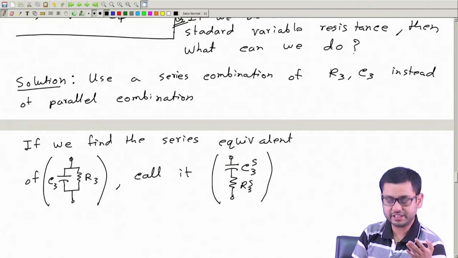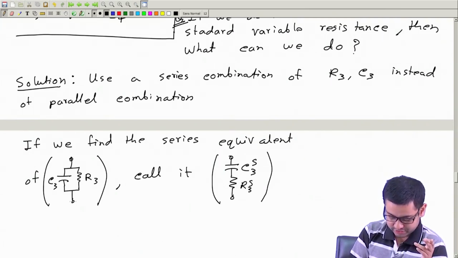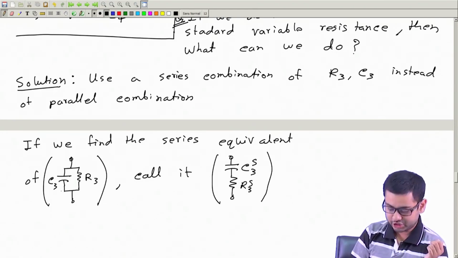Before we started AC bridges, we discussed how to find the equivalent of this branch, that means given C3 R3, how to find C3S R3S such that these two are equivalent.